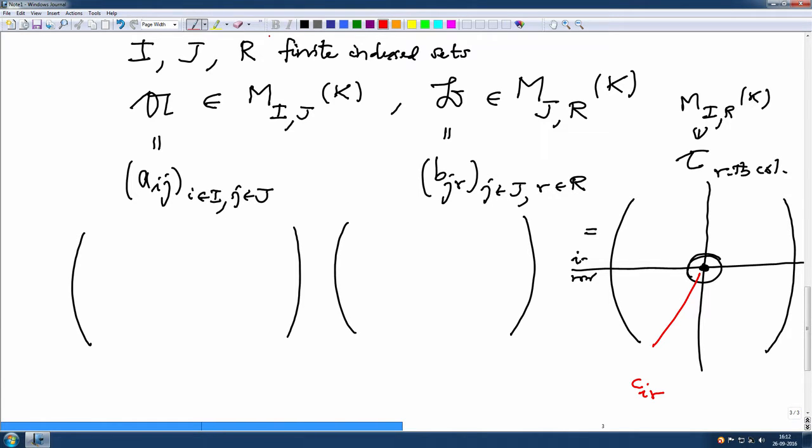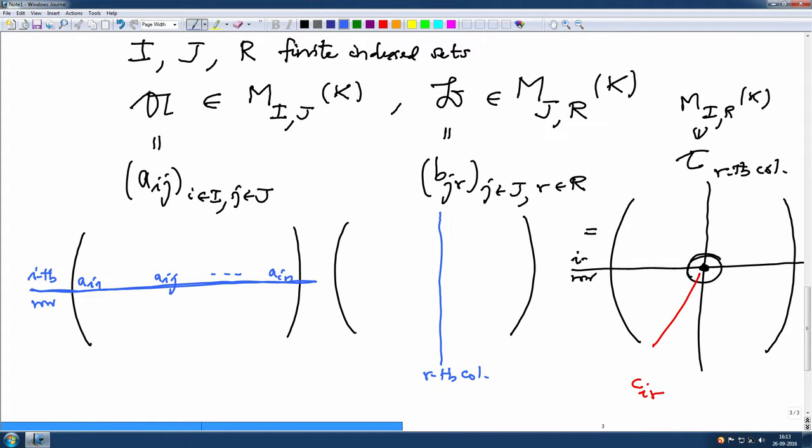Let us call that entry C_ir, and that is done as follows. You take the ith row of A, so this is A_i1, ..., A_ij, ..., A_iN.